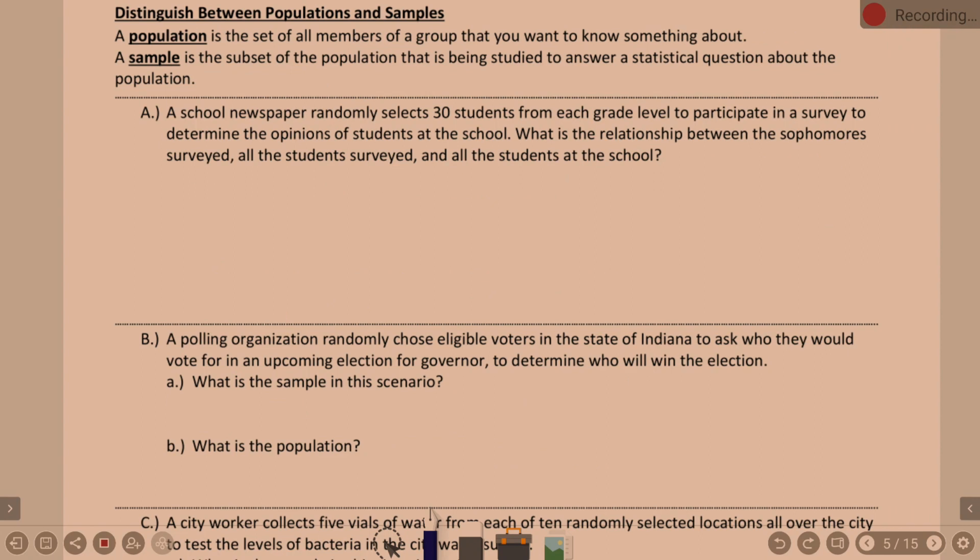As we talk about population and samples, I feel like you've probably seen these words.